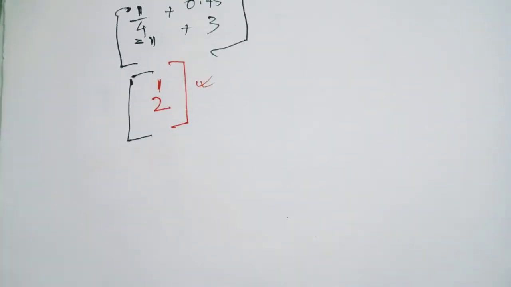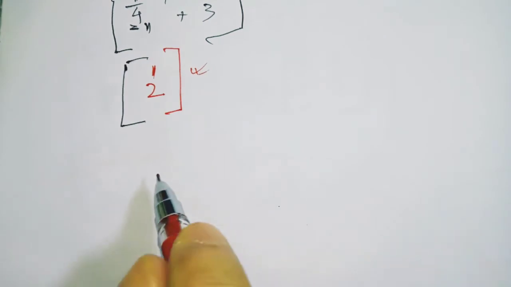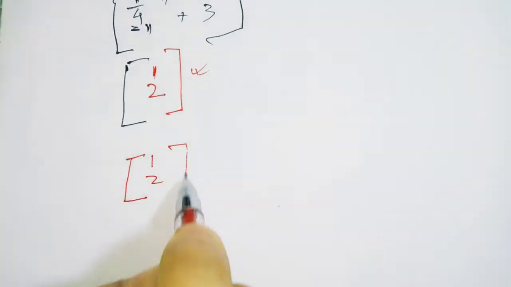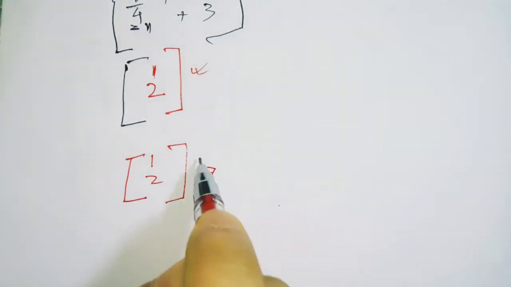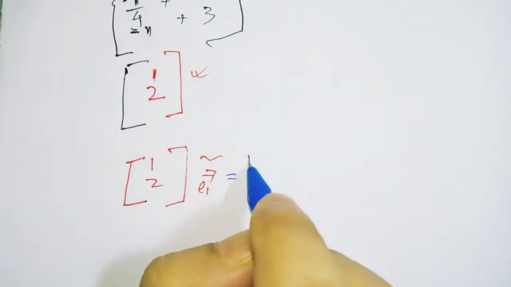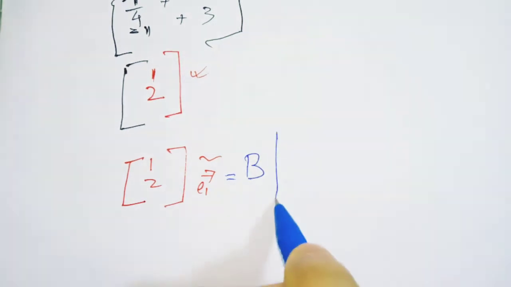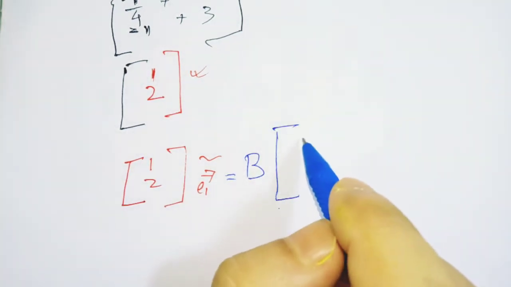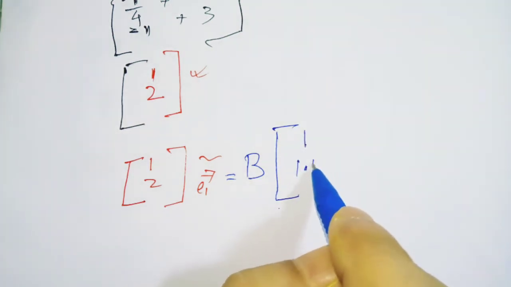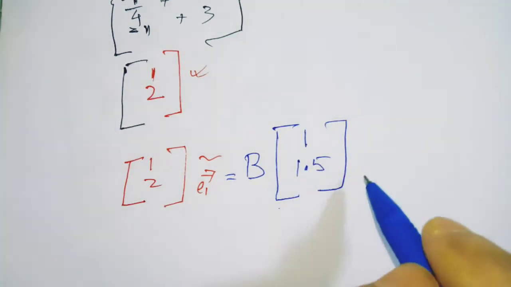Now we can just summarize. So finally what can we write? We can write in this way. Just follow me, because this would be quite easy for you to understand. If we write here 1, 2, and I put it as EI tilde, that would be equal to the backward transformation. What are the backward transformation values? Earlier we noted 1 and 1.5, right?